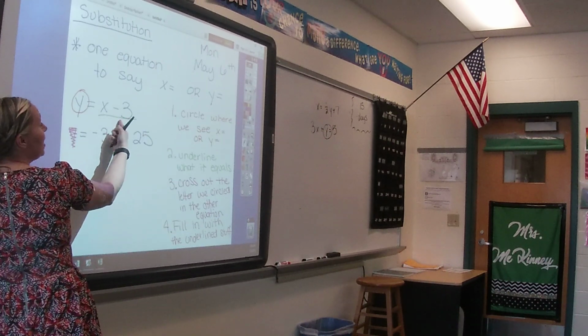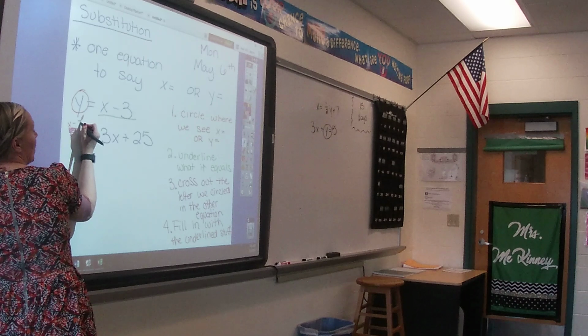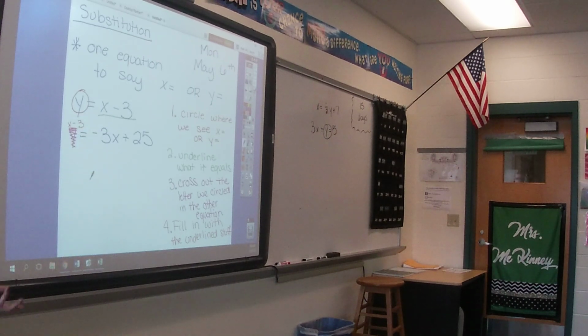So we're going to go right here where we crossed out, and we are going to fill it in with what we underlined, right? We underlined x minus 3, so I'm putting in its place x minus 3.